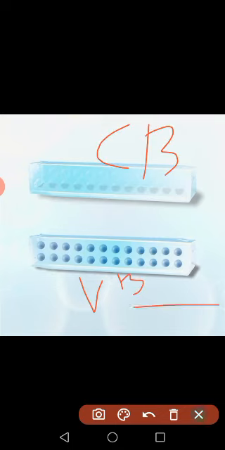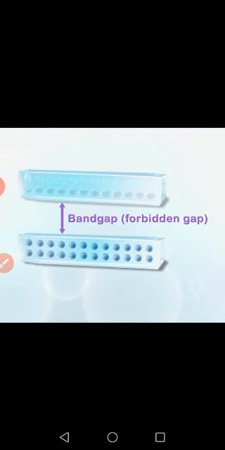Now you can see the energy bands clearly. This is the valence band, and this is the conduction band. This picture shows that the electrons at the outer orbit create some energy levels, which are called the valence band. And the gap between them is called the band gap or the forbidden gap.